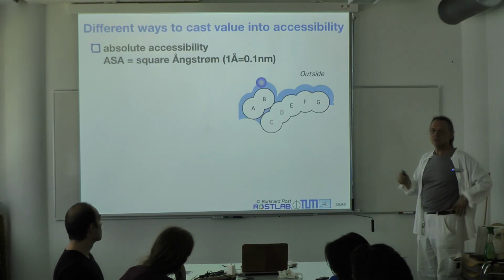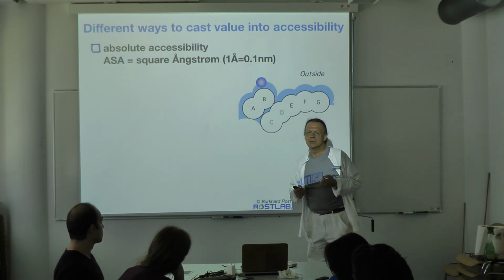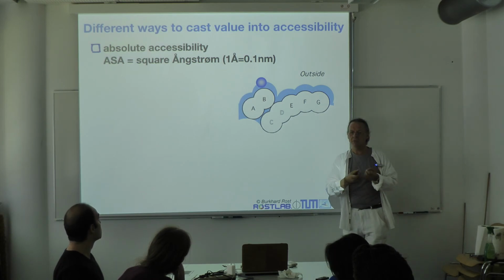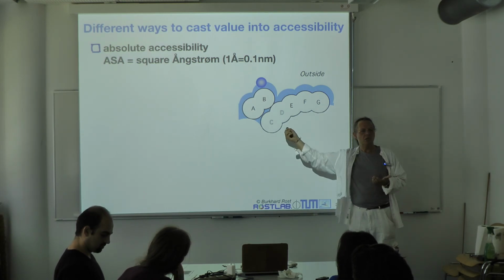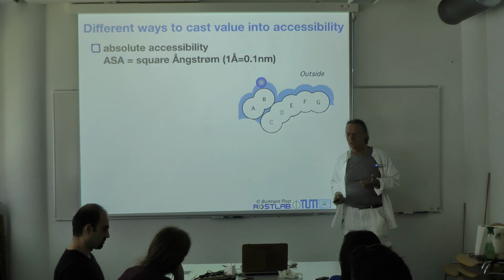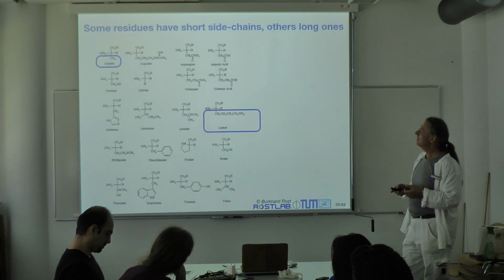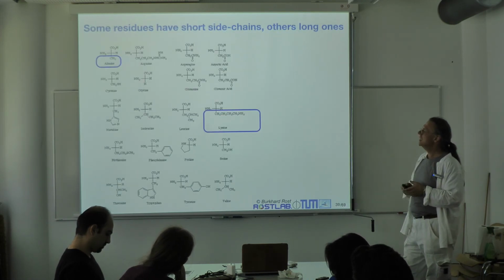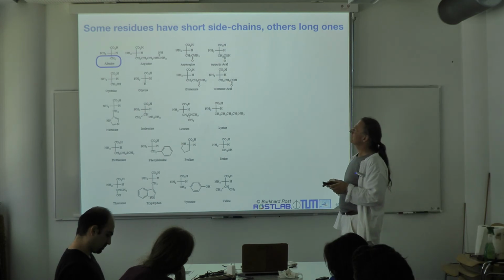And we can take this rolling water ball and define a square angstrom surface. Okay? We simply see what surface of the ball or the water molecule reaches the surface of the protein. Okay? And from the way proteins form, you know that some side chains are very short, some side chains are very long.